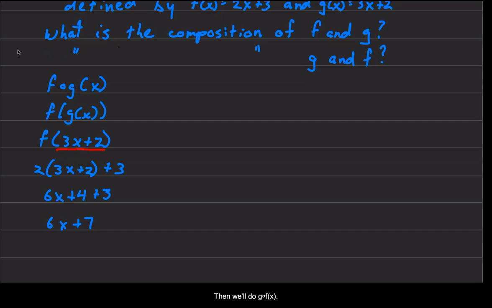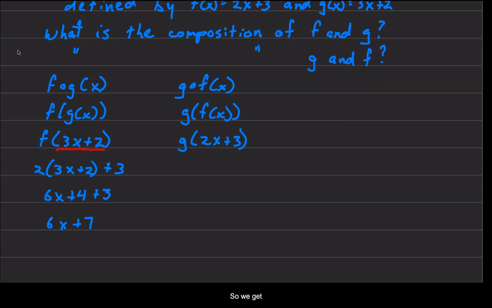And then we'll do g composed with f of x, and rewrite that, g of f of x. Substitute in the value for f of x. So we get g of 2x plus 3. And then we'll substitute that into g of x.